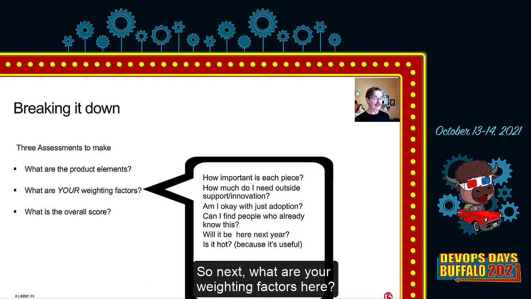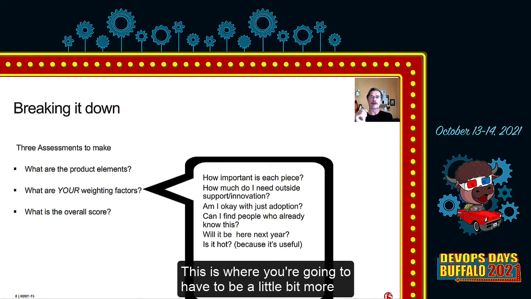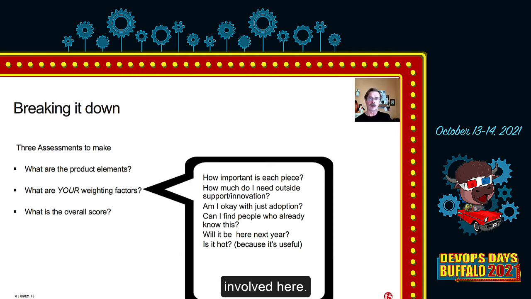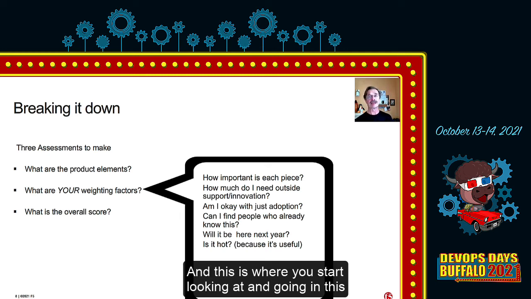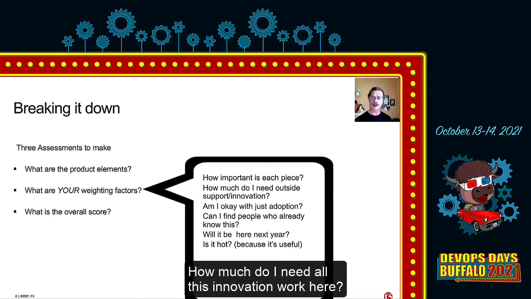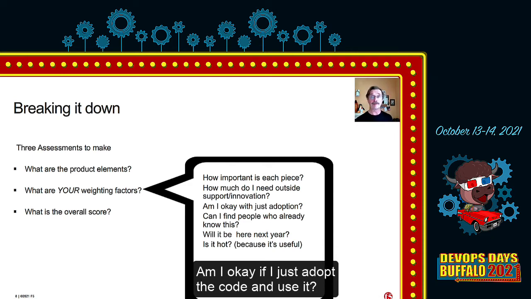So next, what are your weighting factors here? This is where you're going to have to be a little bit more involved here. Every company's, every person's weighting factors are probably different. And this is where you start looking at and going, in this collection of pieces, how important is each piece? And then how much do I need outside support? How much do I need all this innovation work here? Am I okay if I just adopt the code and use it? Or can I find people that already know this?